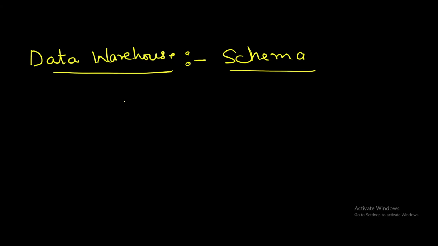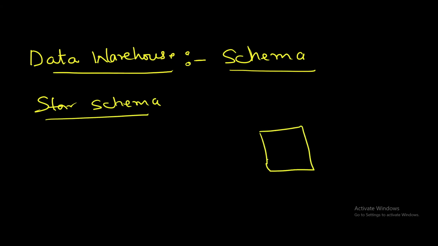Generally we use a star schema. That means at the center we have our fact table, and it is connected with my dimension tables.